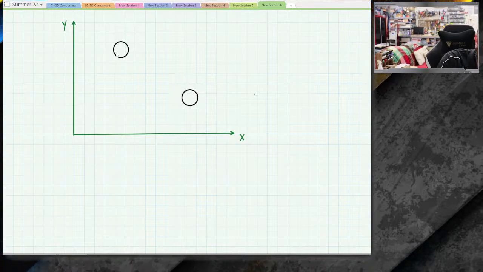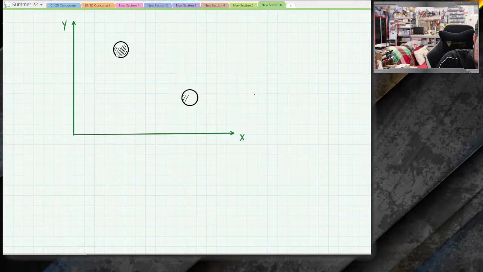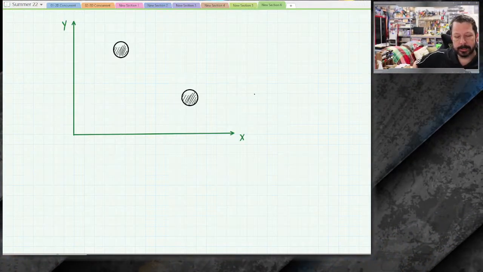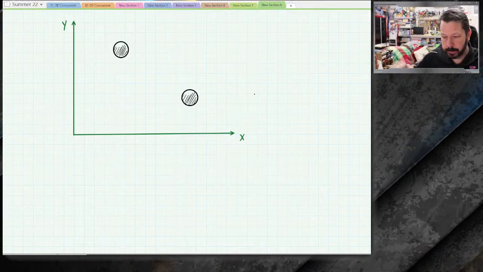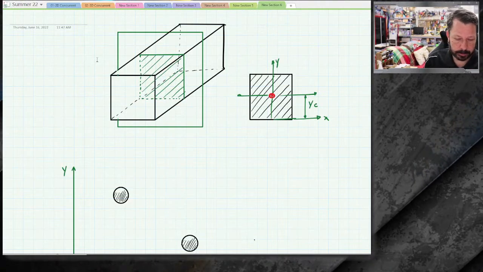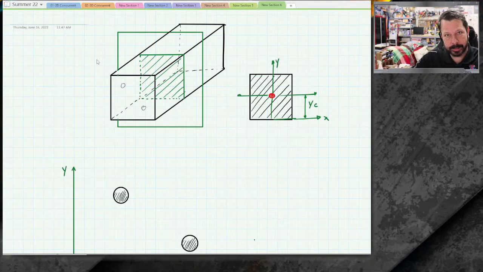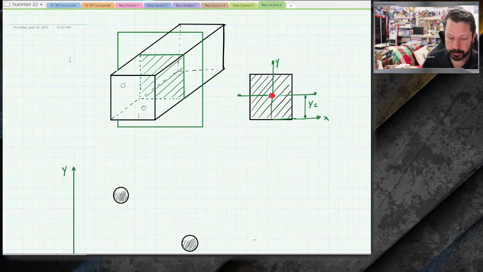These are like little spheres or something. I'm going to think of these as little pieces of a bigger part. So in our rectangle, there might be a little piece here and a little piece here, and I could fill in that whole rectangle with a whole bunch of these little circles, or these spheres if I wanted to.